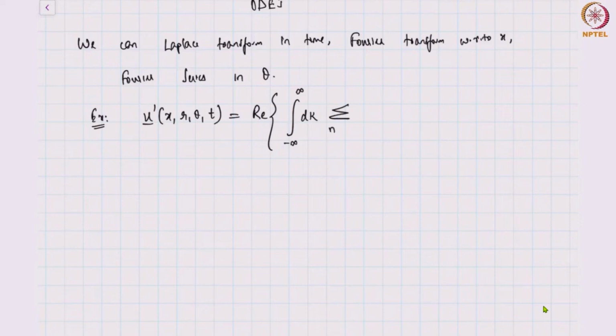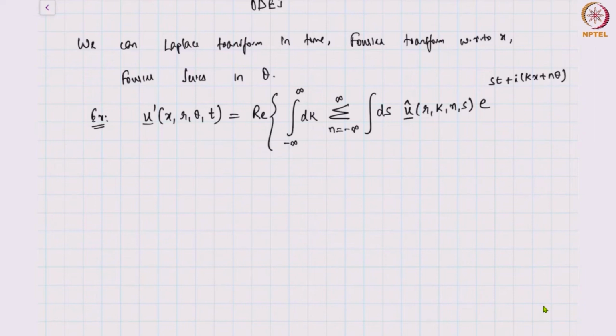Fourier series in theta, and then I have the integral ds. I have a u hat. In general, u hat is a vector function of r, k, n and s, times the exponential of st plus i(kx plus n theta). That's what I have. Okay.